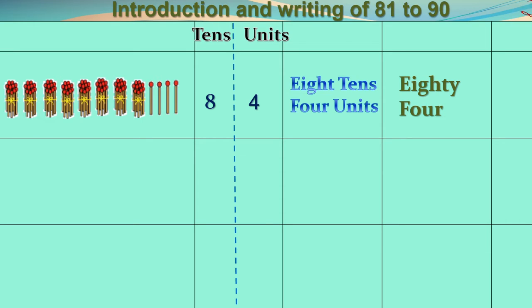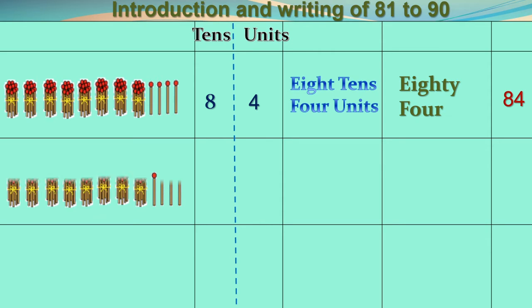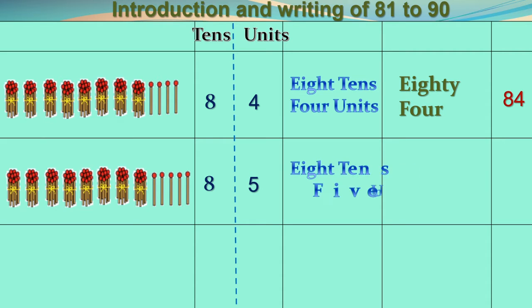That is nothing but 80 and 4 in the numerals. Here we will take 84 matchsticks and we are going to add one more stick. So we got here 8 tens and 5 units. Correct? That is nothing but 85. That is 80 and 5 in the numerals.